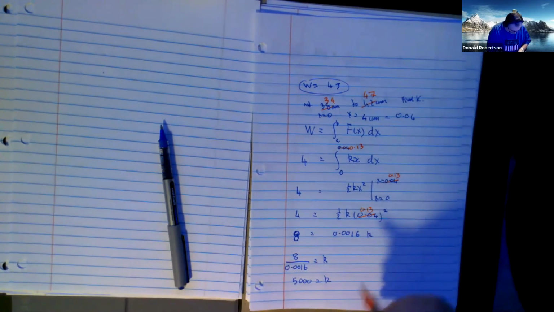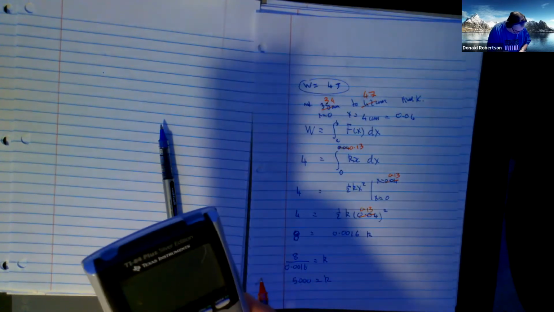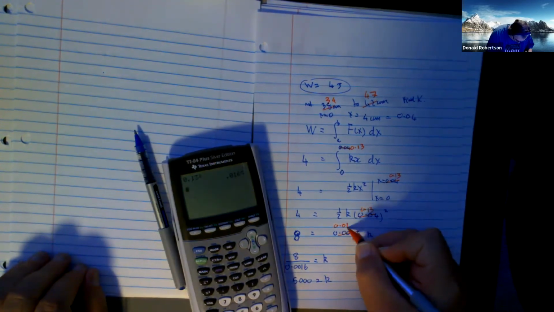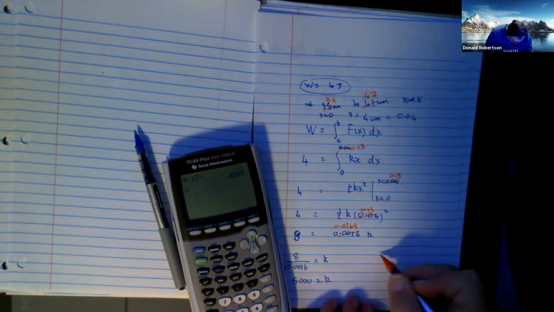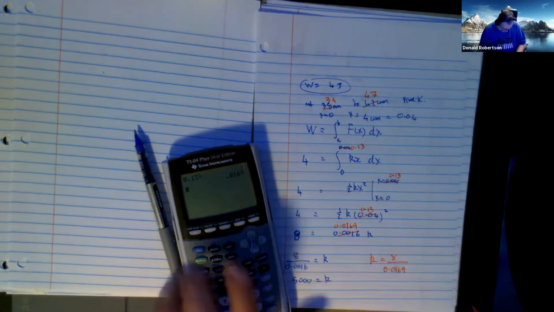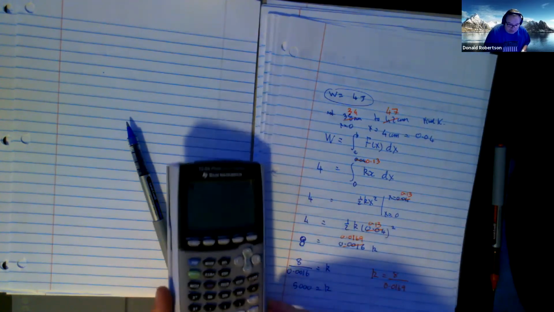That makes that 0.13. 0.13 squared is going to be 0.0169. So k is now going to be 8 divided by 0.0169. Okay, and that guy I'm 90% sure is not going to be pretty, but let's see what he is.